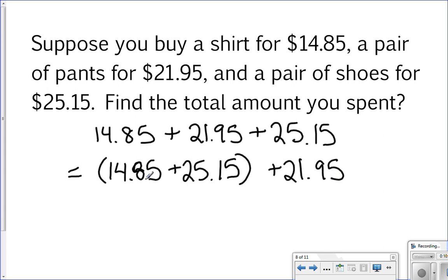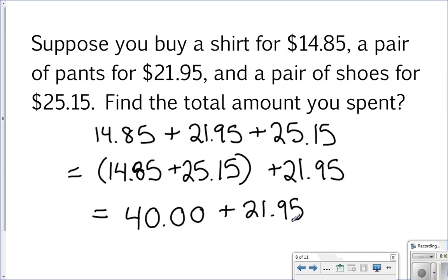Now, 85 cents plus 15 cents gives me a whole dollar. So it's basically like saying $15 plus $25 gives me $40. Then bring down the $21.95. Add them together and I get $61.95.